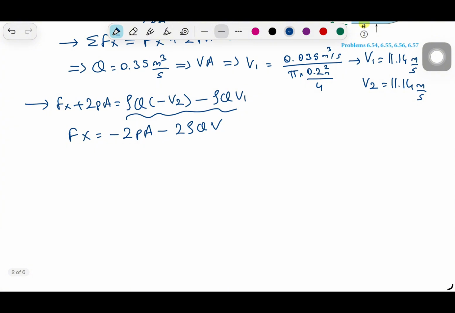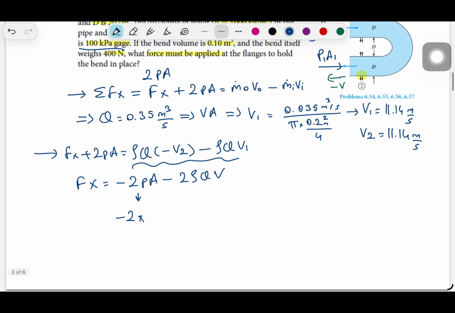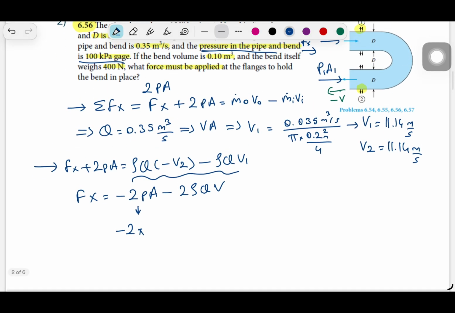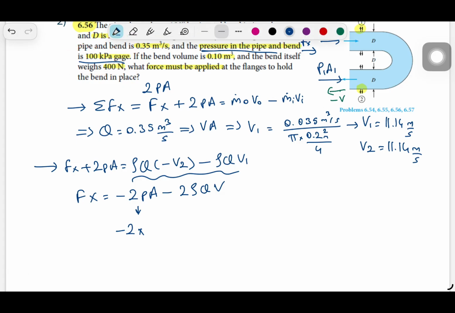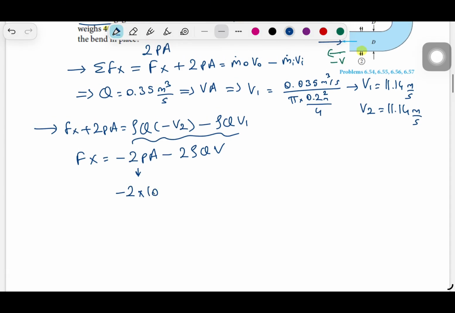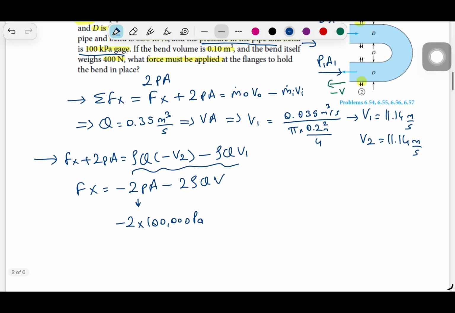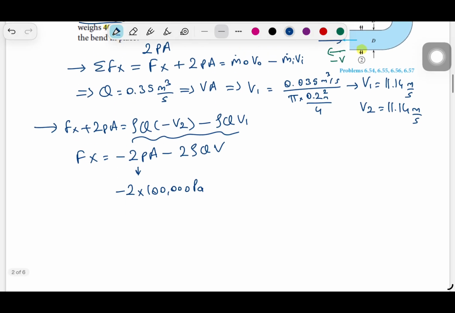So let's see what we have. We have minus 2 times P, and P is the pressure. So to have the same units, we are going to use Pascal instead of kilopascal. So we have 100,000 Pascal times the area, which is pi D square over 4.